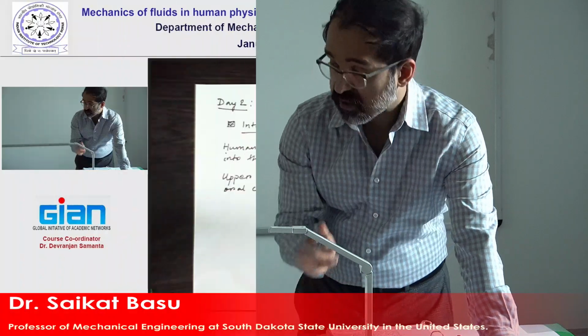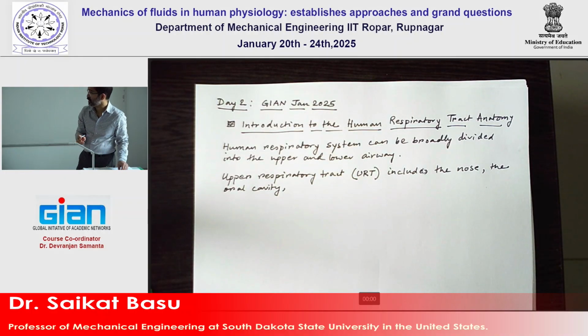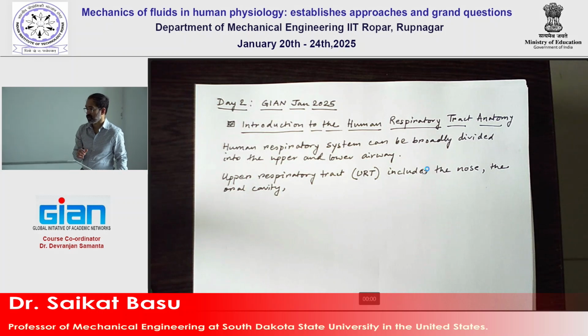Again, in some books you will see that they do not include the oral cavity in the URT. Reason being, the book or the article might be geared towards just drug delivery through the nose, and they don't need to be concerned about the oral space. But then again, if you are thinking about infection transmission, it is okay if you don't include the oral cavity.